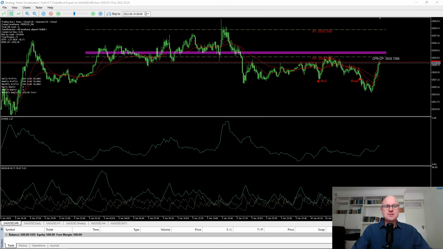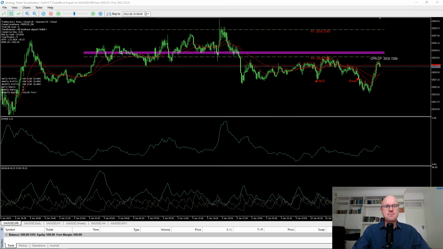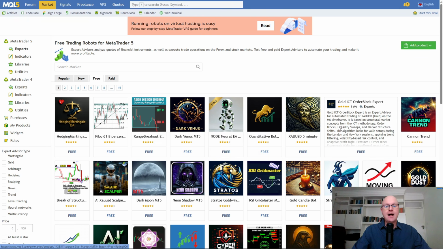So what we're going to do first is head on over and take a look at some of the information provided by the developer. Now, as I said, this free trading robot is available only for MetaTrader 5, and it stands out as one of the best ICT style EAs available on the marketplace.